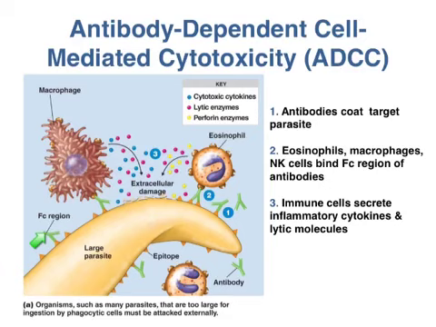So you get inflammatory cytokines being released, you get lytic enzymes being released, perforin enzymes, basically just trying to punch holes in the cells of this enormous parasite and kill it, right? So you get an inflammatory reaction and you get lysis. This is too big for these cells to phagocytose, so they kind of vomit out their digestive enzymes onto the surface of the parasite and attack it from the outside in.